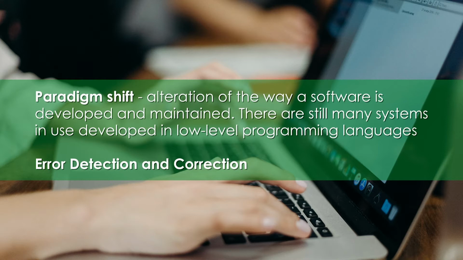There are still many systems in use developed in low-level programming languages. So there may be a paradigm shift which is required. That will come under the internal influence factors. And then error detection and correction will be the fourth one under the internal influence factor.